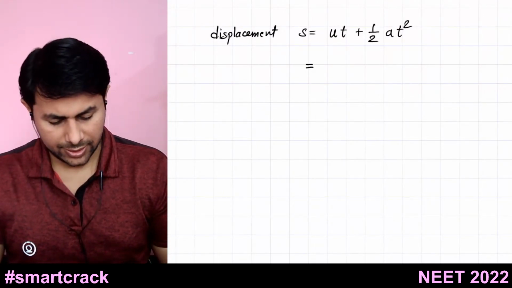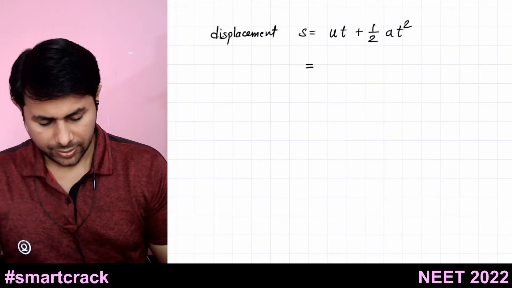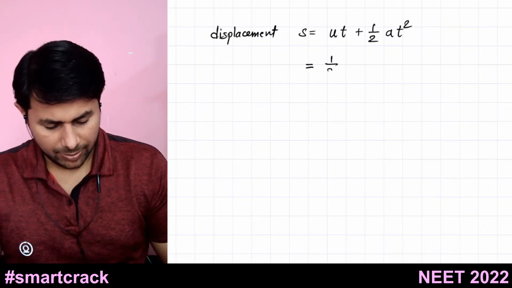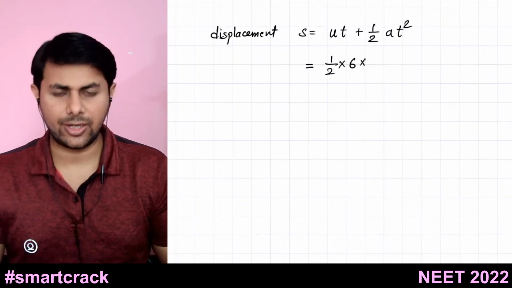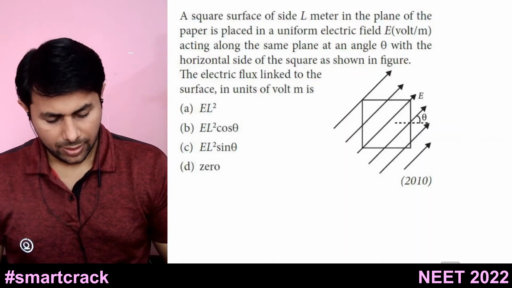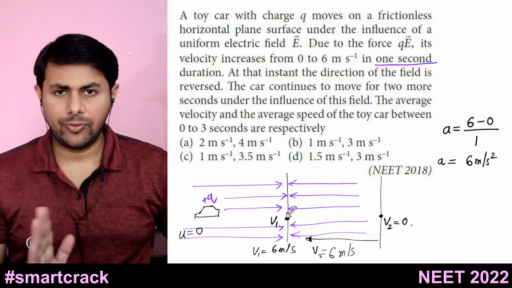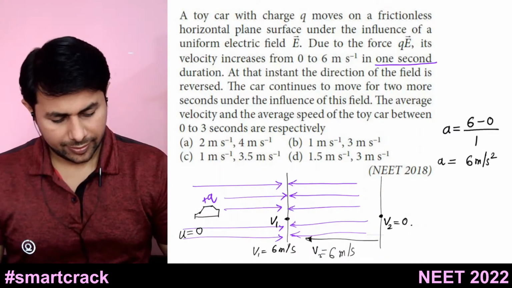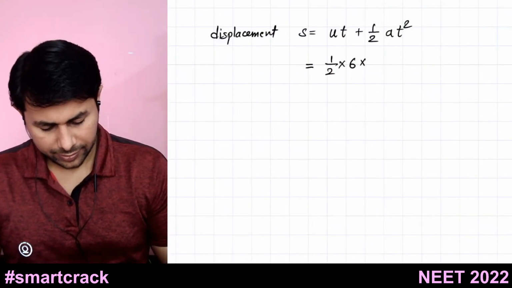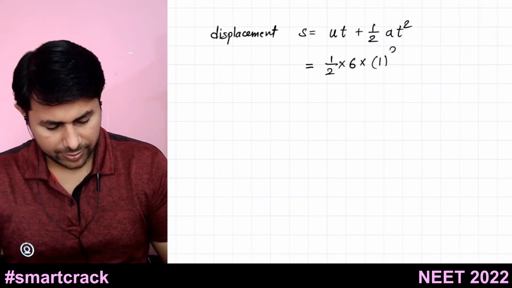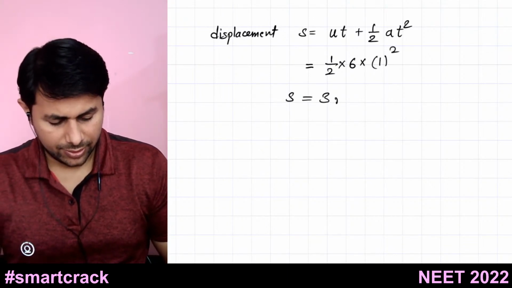Initial velocity is 0, so the first term is 0. It is half of 6 into t square. It moves from here to here in 1 second, so t is 1 second, into 1 square. So 6 by 2 is 3. So S is equal to 3 meters.